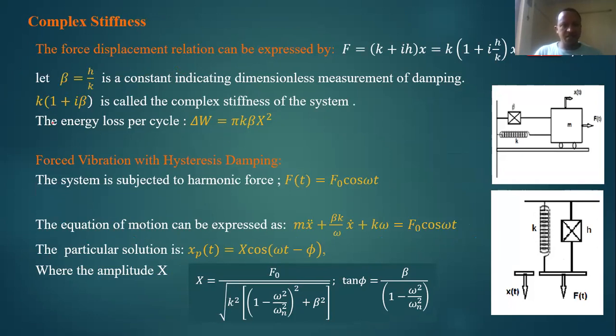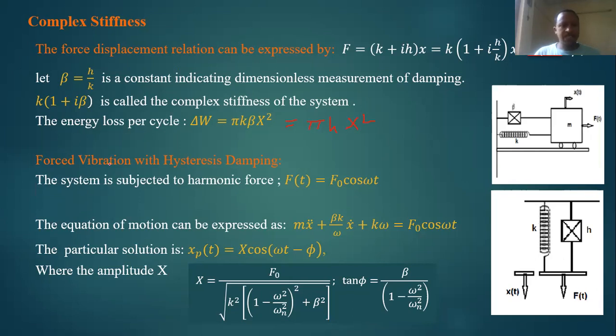Beta equals h over k, and k times (1 plus i beta) is called complex stiffness. Delta W is pi k beta x squared, which equals pi h x squared. This is what we have discussed.